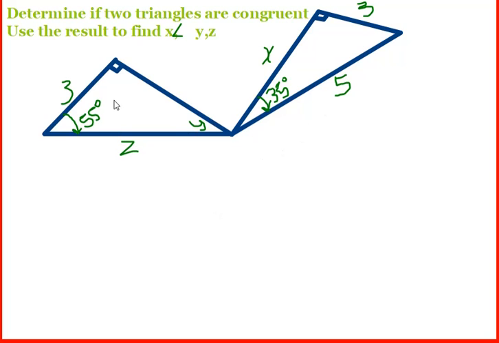Looking at this, it definitely can't be side, side, side, because in this case we only have 1 side, as our other side is an unknown. It definitely can't be included angle. Well, maybe that's a possibility, but the one I can surely see in this case is the right angle, 90-degree hypotenuse side.